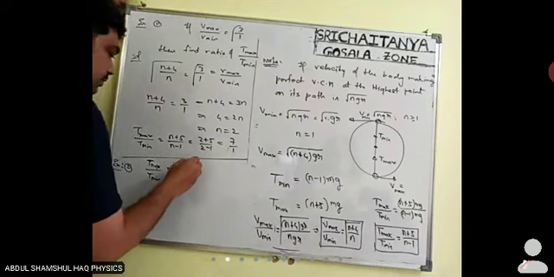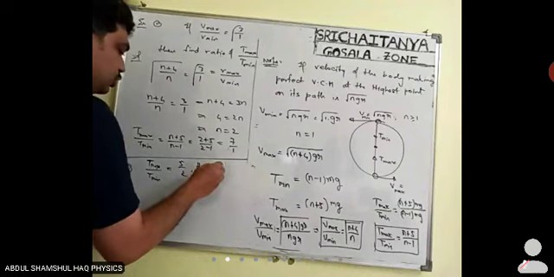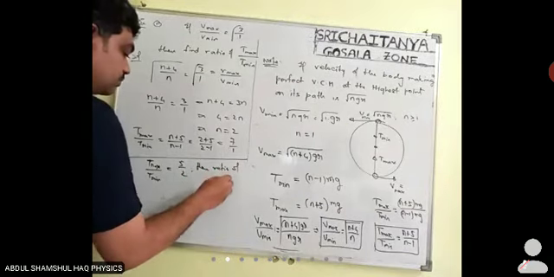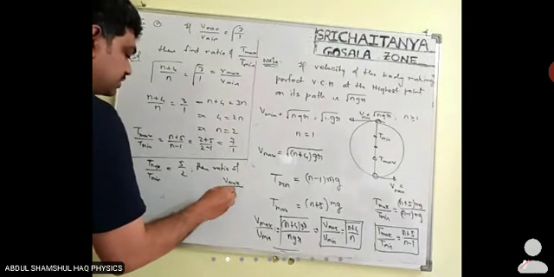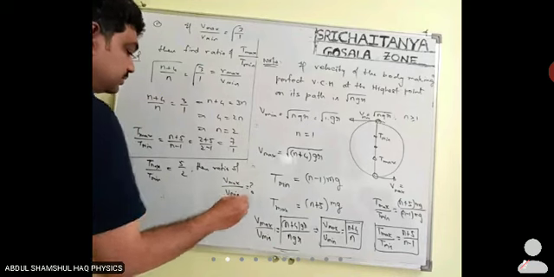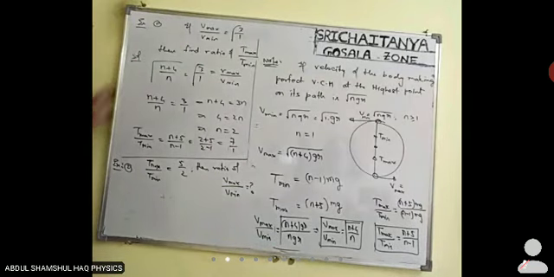Then the ratio of V maxima to V minima is how much? Now please do this model. T maxima by T minima is 5 upon 2.